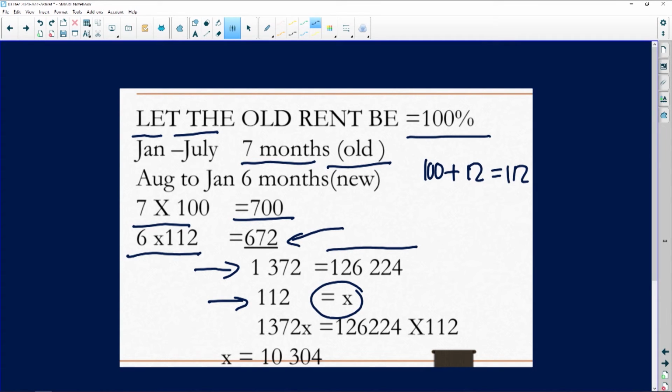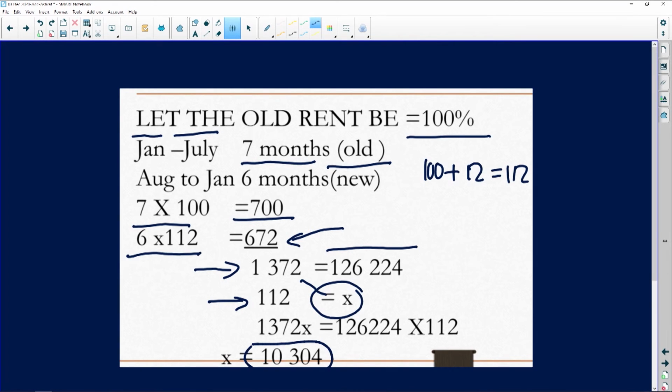Now all that we do is we cross multiply. We say 1372 times X is equal to 126,224 times 112. You've cross multiplied, and then you divide the left-hand side by 1372 because you want X on its own, and what you do on the left-hand side, you do on the right-hand side.